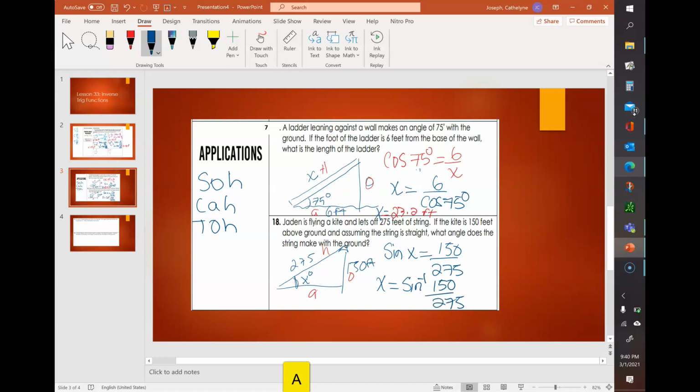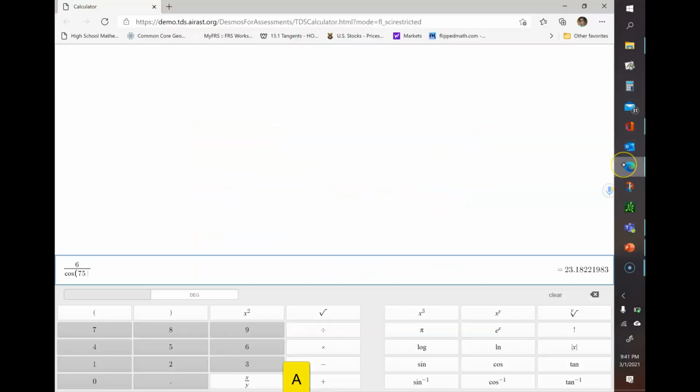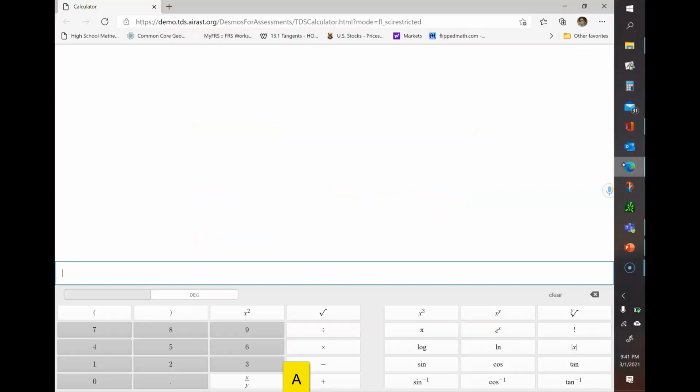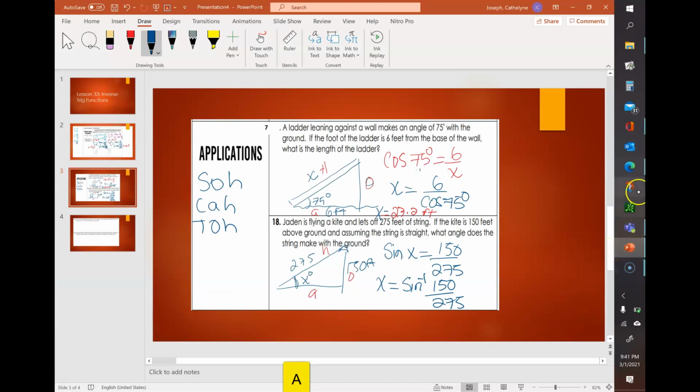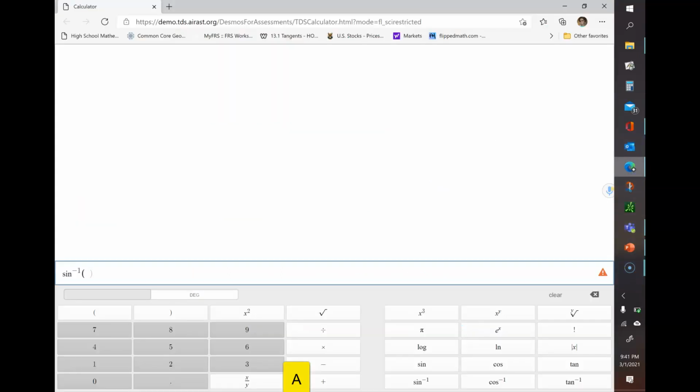All right, so again we do the sine inverse. Clear. So we do sine inverse of 150 over 275.